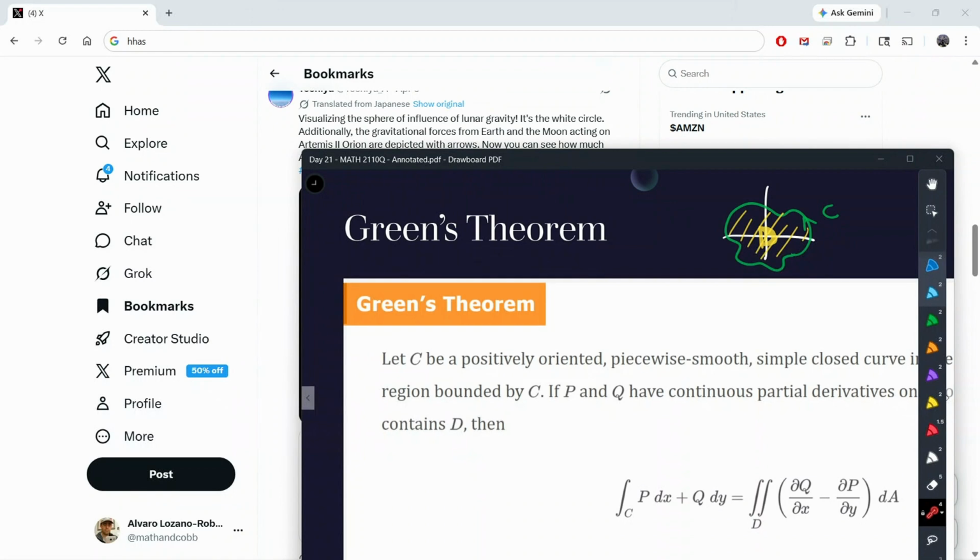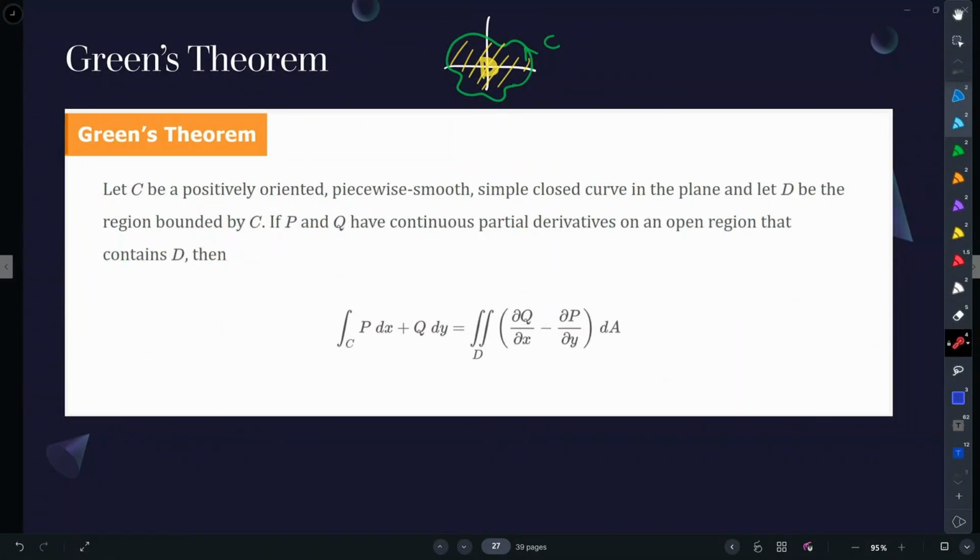So there is some larger area such that all these functions have at least continuous partial derivatives on something bigger than this region. Typically it's all of R2, but maybe there's some discontinuity out here, that's fine.